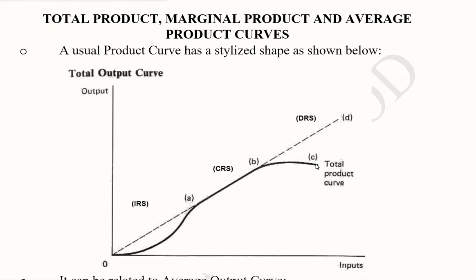These are three segments, that is the segment from origin till A, and then from A to B, and then from B to C. The first segment is the increasing returns to scale.